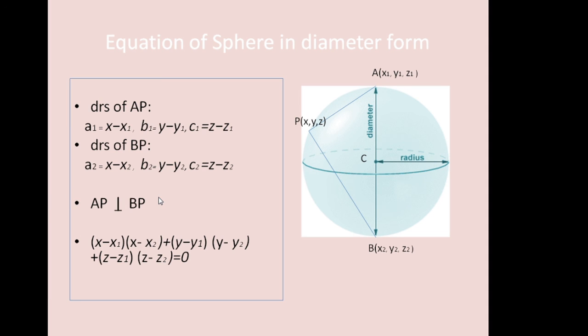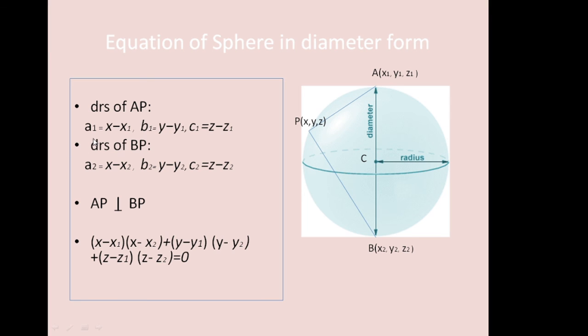Already we saw that this is a right angle triangle. So line AP is perpendicular to line BP. So using the perpendicularity condition in terms of DRs, that is a1 into a2 plus b1 into b2 plus c1 c2 is equal to 0.